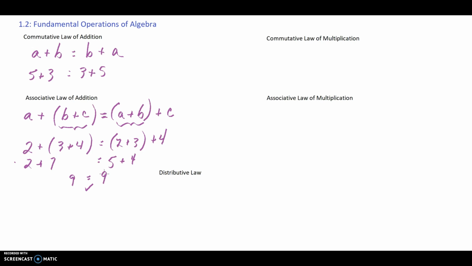Another fundamental operation of algebra is the commutative law of multiplication. And that states that A times B equals B times A. And this is helpful to know when you're working with formulas and doing rearrangements and so on. It doesn't matter what order we multiply in, that 3 times 6 is equal to 6 times 3.